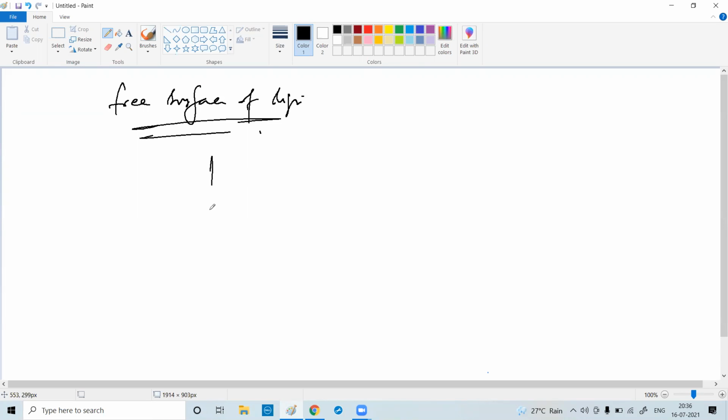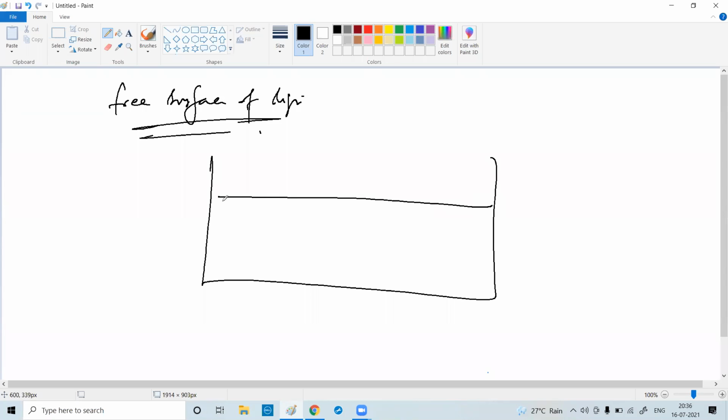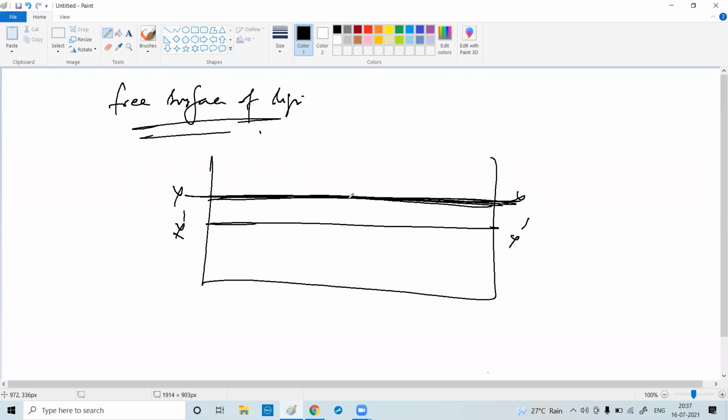That means if you see here, this surface, and there is another surface here. This is below, x dash, y dash is below. This xy does not have any stress. It is completely silent or stable. This surface is called free surface of liquid.